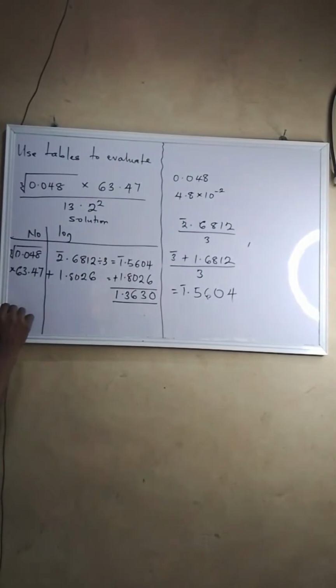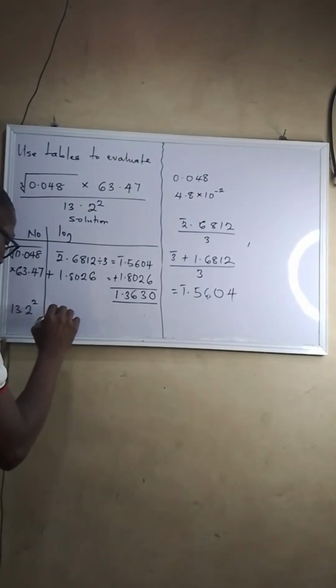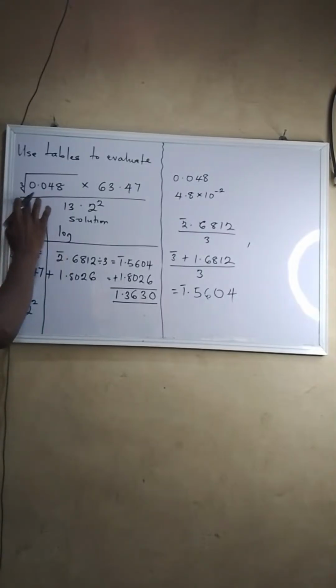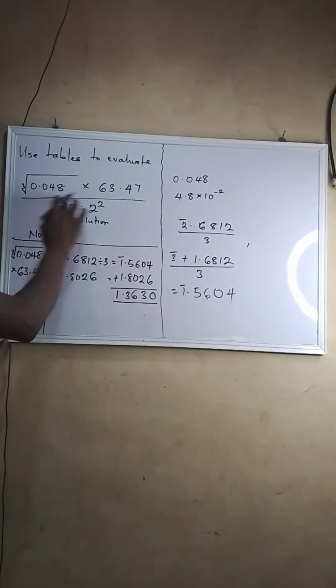Okay, now let us move down to the denominator. The denominator we have is 13.2 raised to the power of 2. Don't forget the first thing: if you want to convert this to logarithm, you find the characteristic. What's going to be the characteristic? That's 1, because you are going to move this point once to the back of 1. You can see this sign is division.